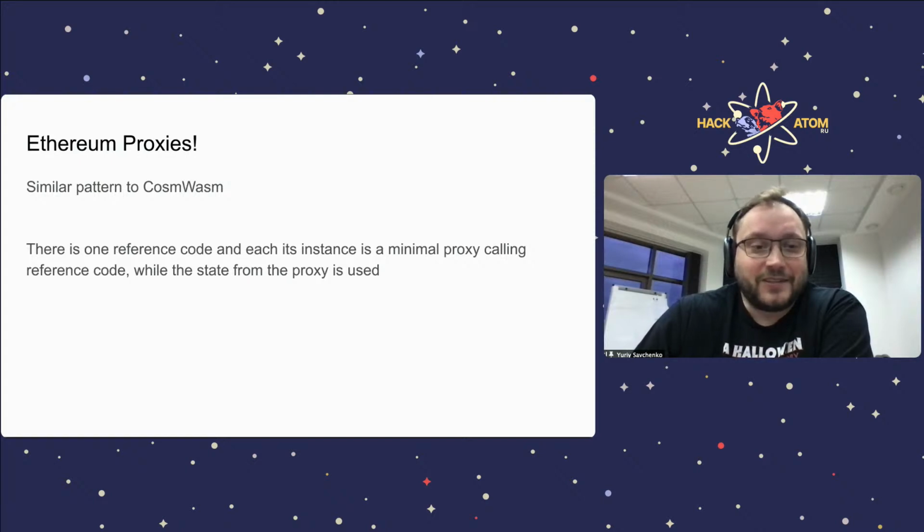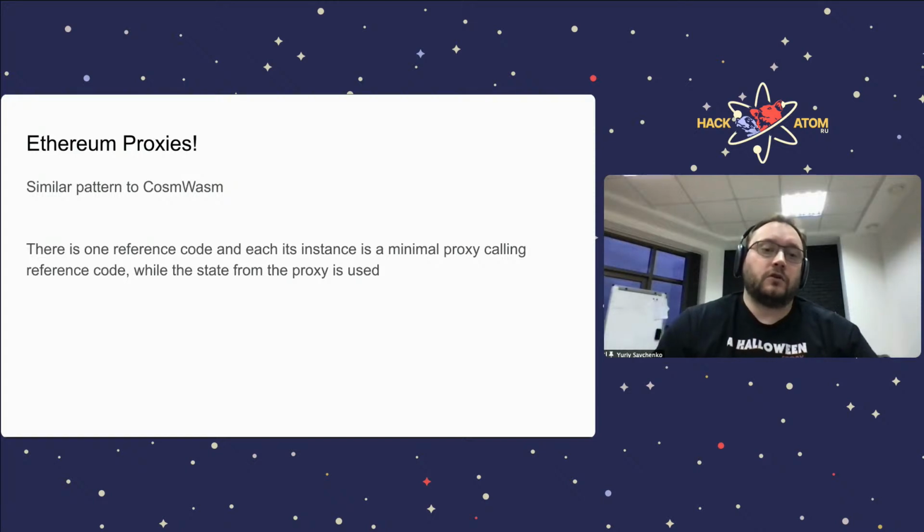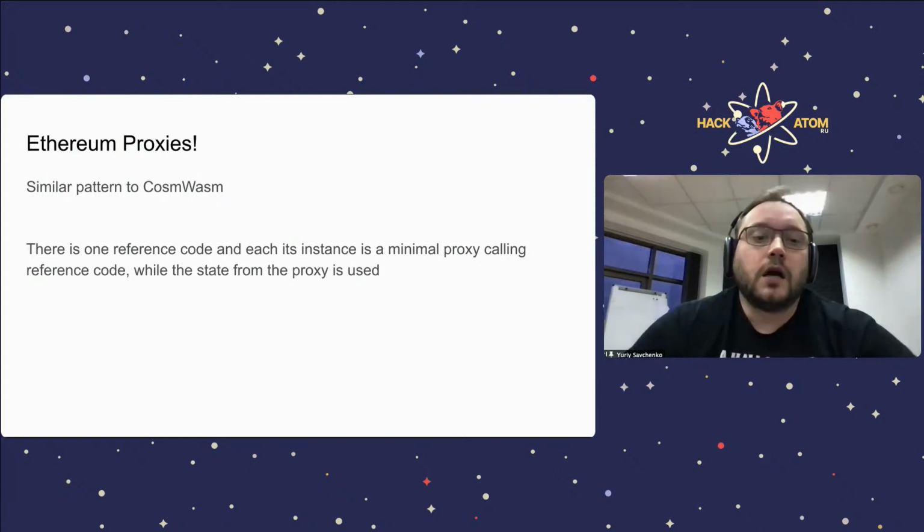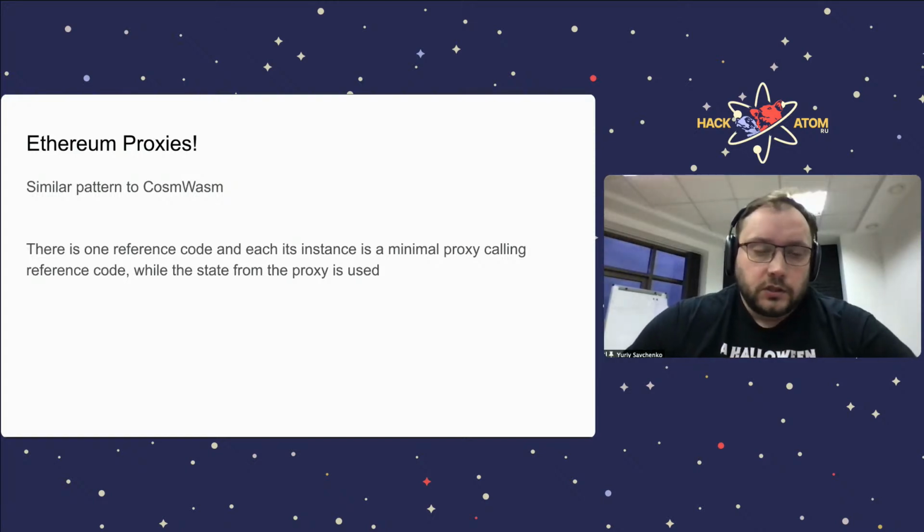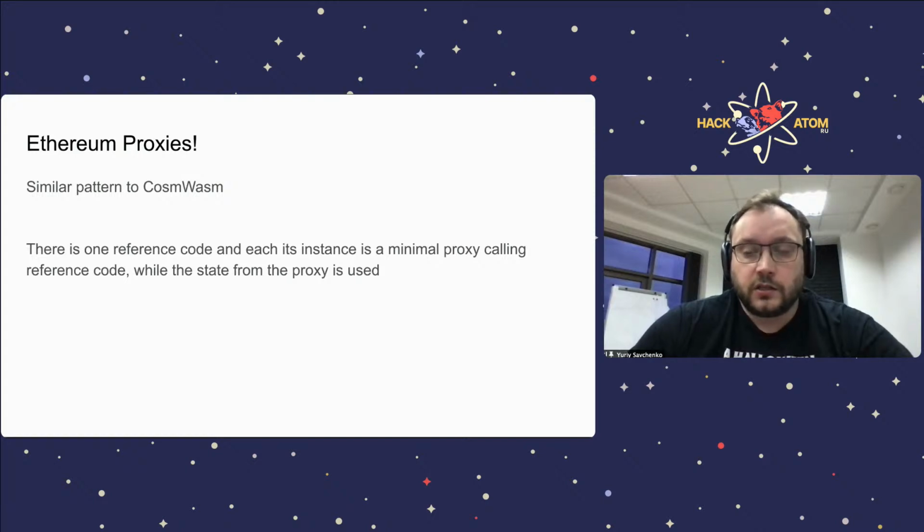So on Ethereum, people understand that the situation I've mentioned is quite adverse. It's bad, and it needs to be fixed somehow. There is a proxy pattern that works similarly to the Cosmos contract. Particularly, there is a reference implementation, some code that somebody uploaded, and to make its copy, basically a new instance, the minimal proxy is deployed.